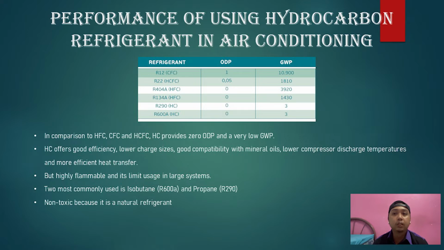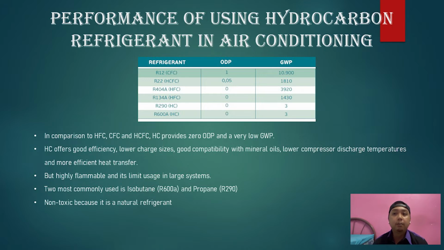R134A is a long-term replacement refrigerant for R12 because of favorable characteristics such as zero ODP, non-flammability, stability, and similar vapor pressure to that of R12. The ODP of R134A is zero, but it has a relatively high GWP, which is the global warming potential.